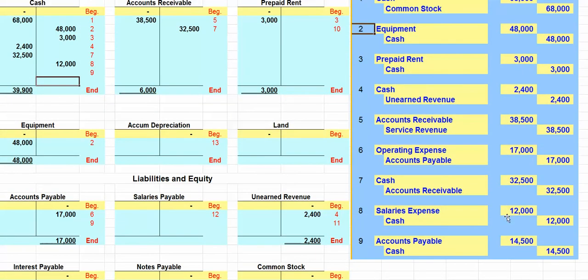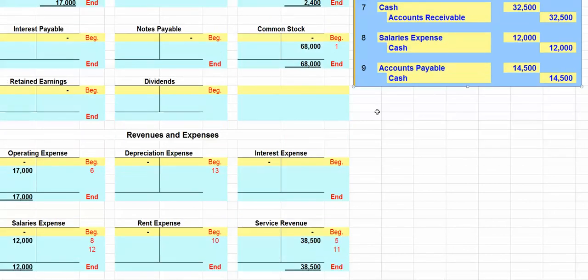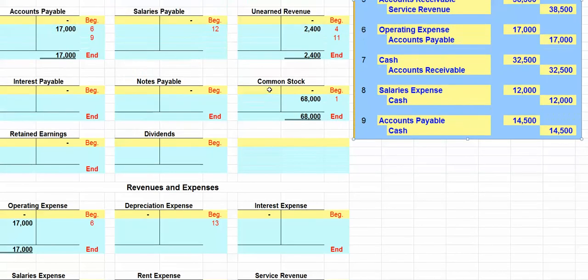So transaction 8 was a decrease in cash of $12,000 and an increase in salaries expense of $12,000. The final transaction was a decrease in cash for $14,500 and a decrease in accounts payable for $14,500.